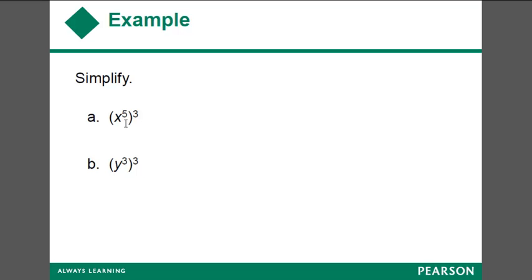So for these two examples, I have x to the 5th all raised to the 3rd power. So I'm going to multiply 5 times 3, which will give me x to the 15th. I have y to the 3rd raised to the 3rd. I'll multiply the 3's and I'll get y to the 9th. So anytime that you have a power raised to a power, we're going to multiply the exponents.